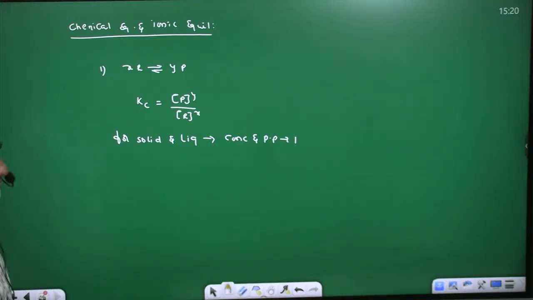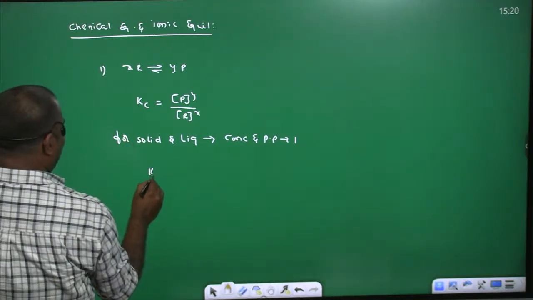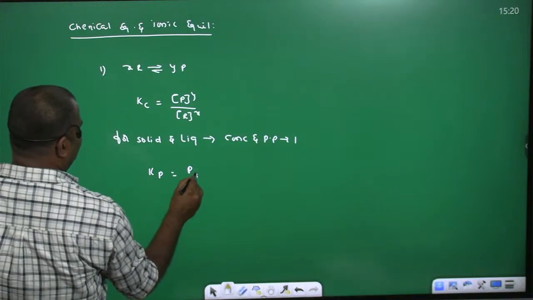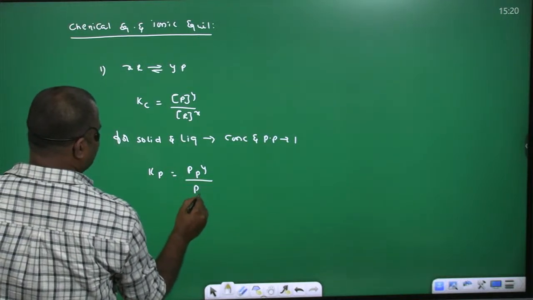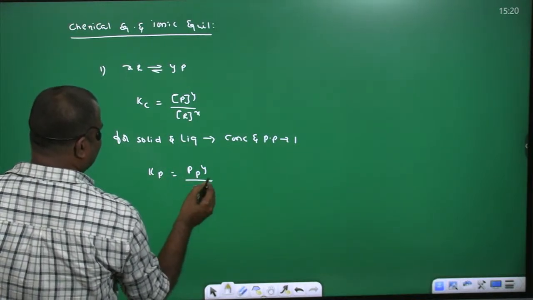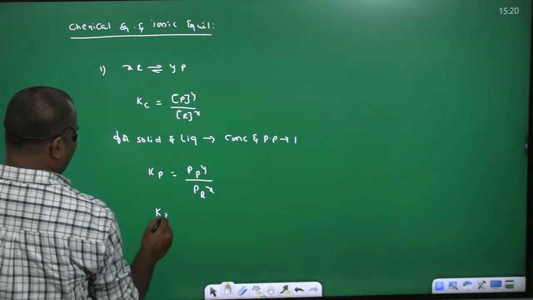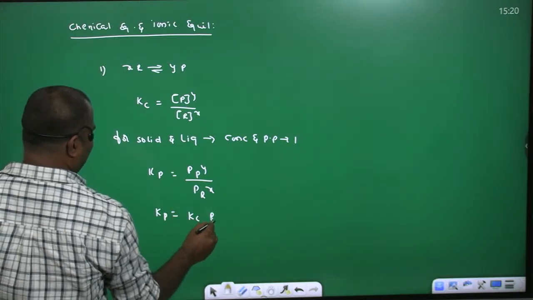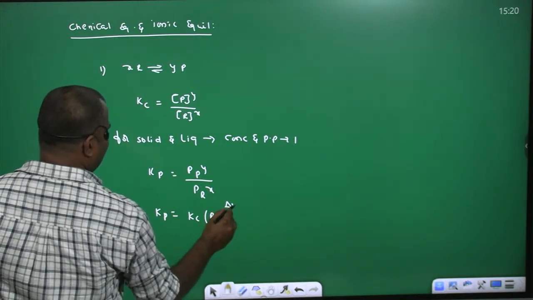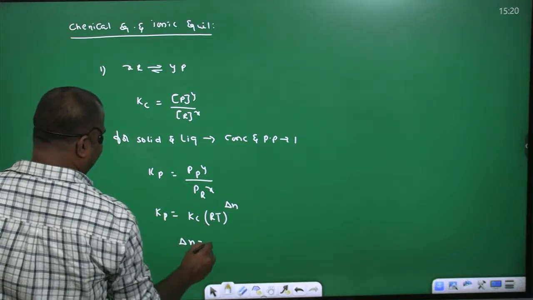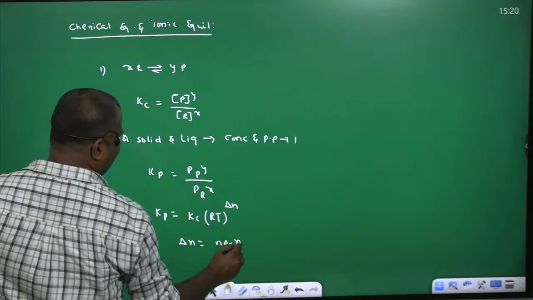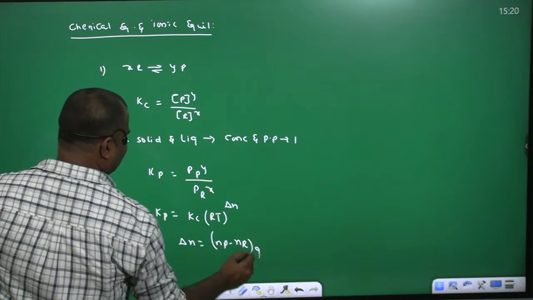Kp equals partial pressure of product power Y by partial pressure of reactants power X. The relation between Kp and Kc: Kp equals Kc into RT power delta N, where delta N equals number of moles of gaseous products minus number of moles of gaseous reactants.